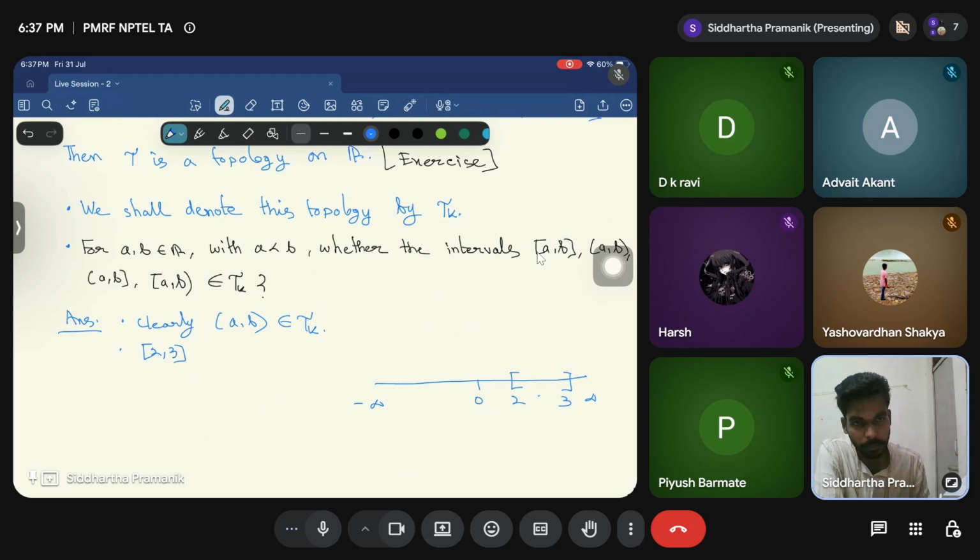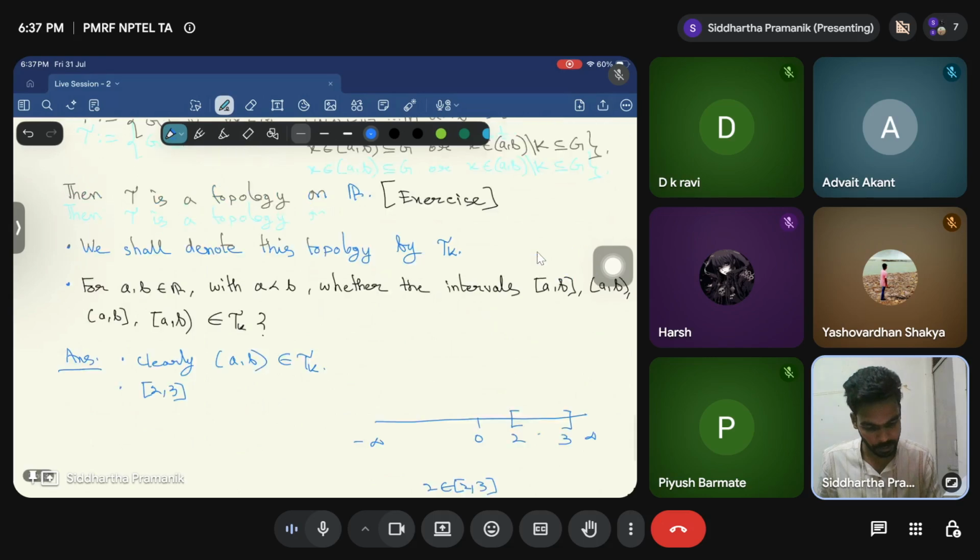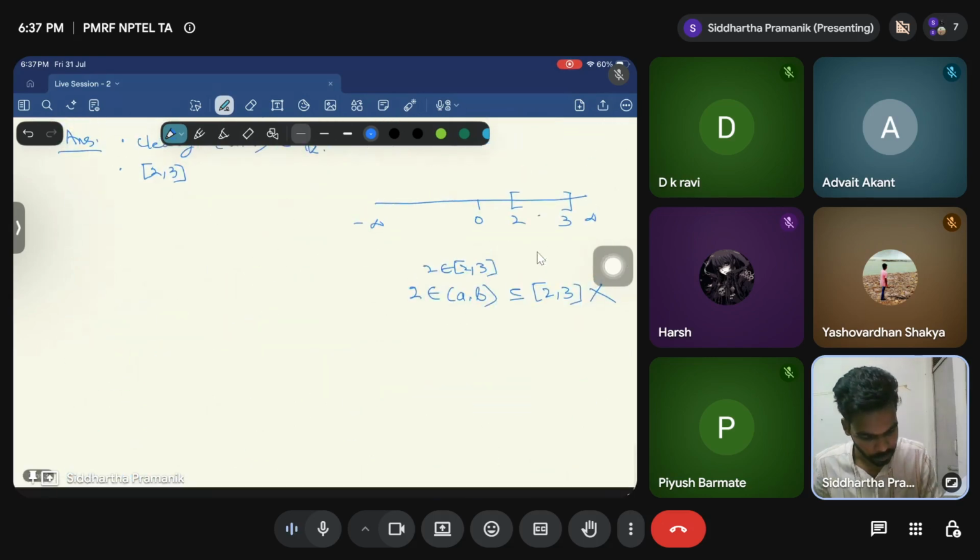See, 2 belongs to this closed interval. So for 2, can we find an open interval (a, b) such that it is a subset of [2, 3]? This is not true, right? Because we have seen in the usual topology case, this will not hold. But what about the other condition? Is it possible that 2 belongs to some open interval (a, b) minus K that is a subset of [2, 3]?